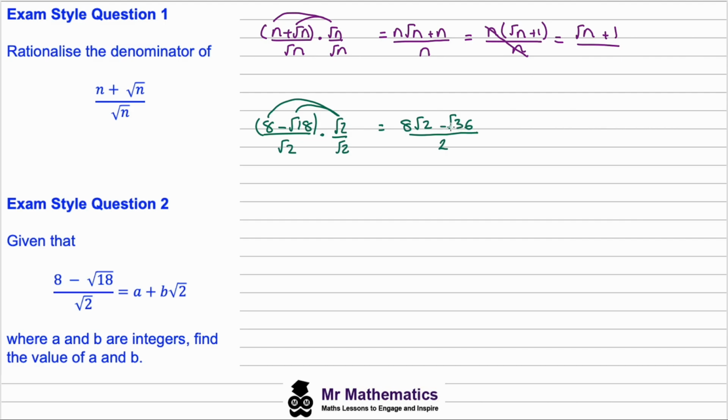The root 36 will just become 6. And then we can factor out the 2. So we've got 2 lots of 4 root 2 minus 3 over the 2. And then these will cancel. So we're left with 4 root 2 minus 3. Rearranging it into this form, this will give us minus 3 plus 4 root 2. So a will equal negative 3 and b will equal 4.